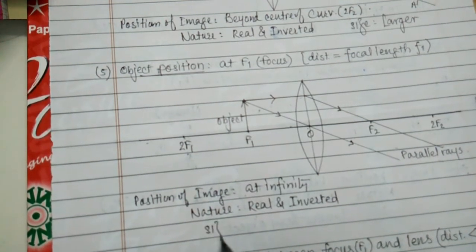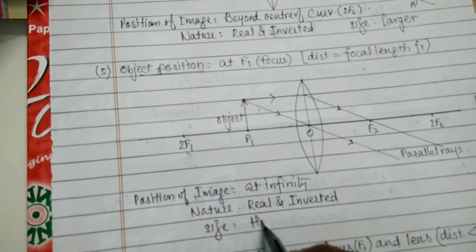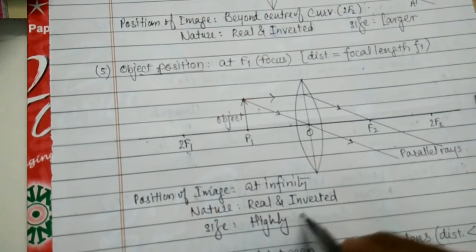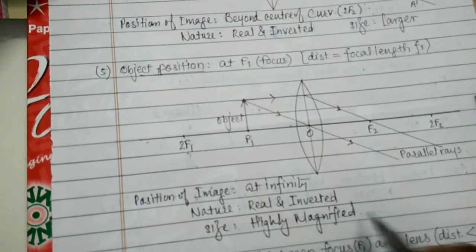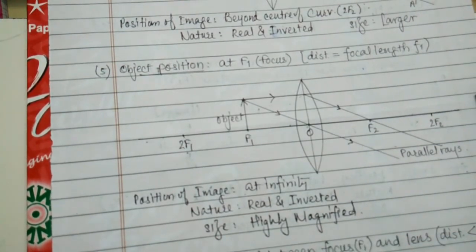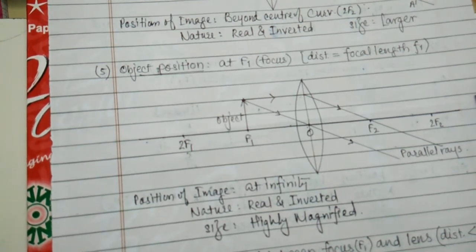And size: highly magnified, or highly enlarged, whatever. So this is the image formed by the convex lens when the object is placed at the focus.